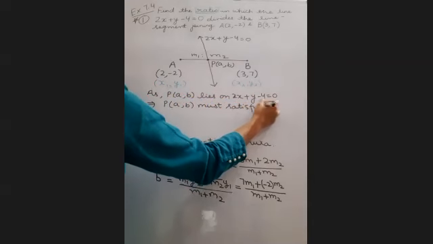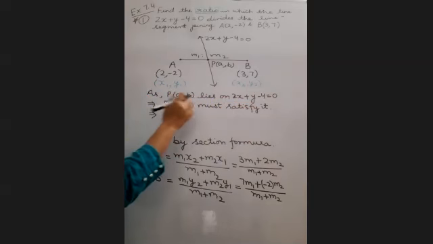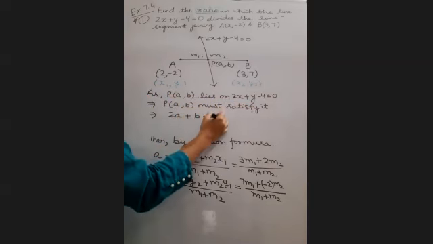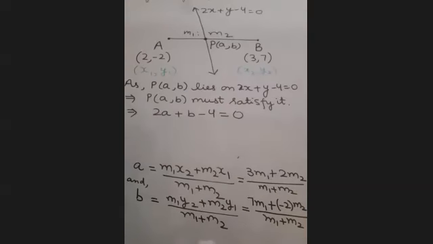Satisfy it means that instead of x we shall put a and in place of y we shall put b. So 2a + b - 4 = 0.